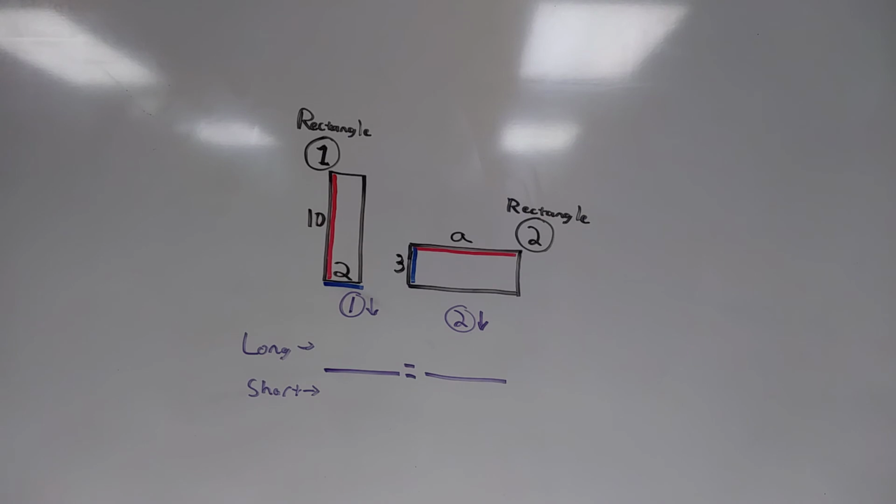Setting up a proportion, we'll make sure that we know exactly where each measurement should go. We'll keep the long edges on the top of our proportion and the short edges on the bottom. We'll use the left-hand ratio for rectangle 1 and the right-hand ratio for rectangle 2. So now we see that 10 over 2 equals our unknown a over 3.